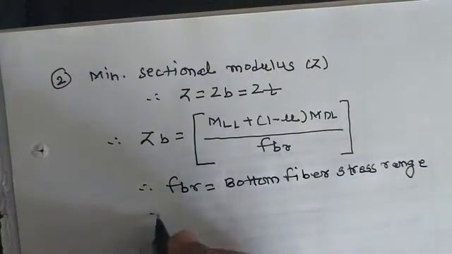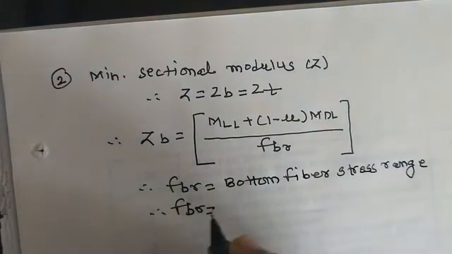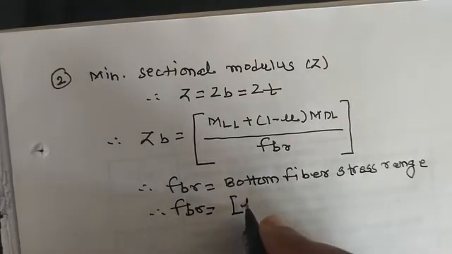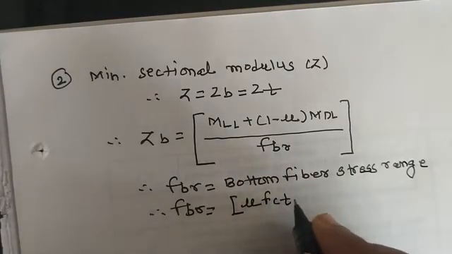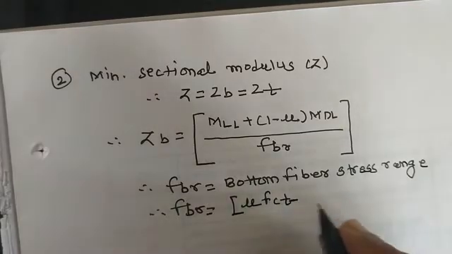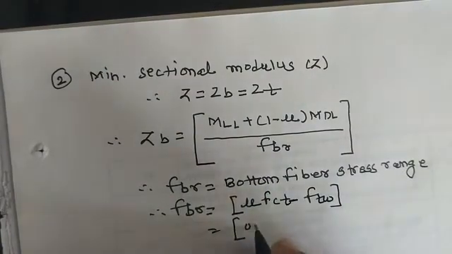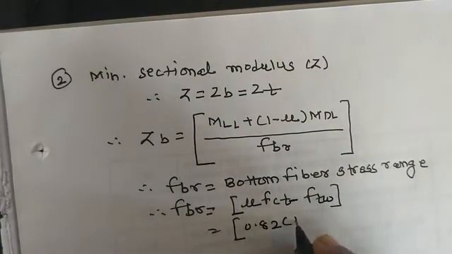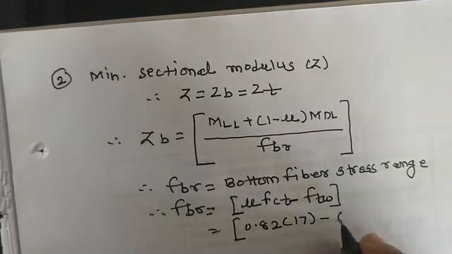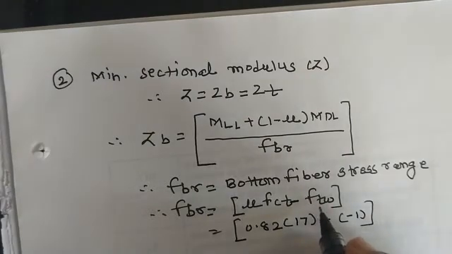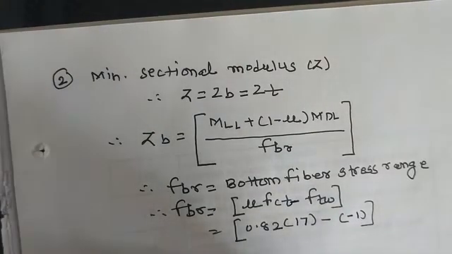So FBR is calculated as, we know the formula, FBR is mu into FCT minus FTW. We know the value of mu is 0.82, FCT is 17, and FTW is the safe stress in working load condition but having the tensile nature, so you have to put minus here.